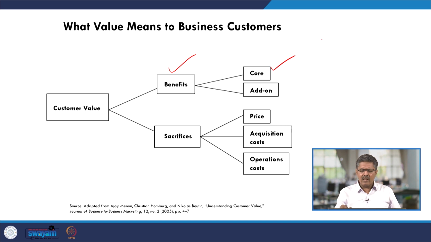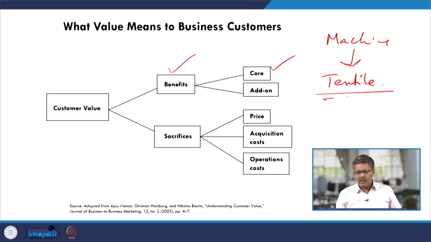Now, let us say the seller is selling a machine, right, and this machine is purchased by, let us say, a textile manufacturer. Now, how is this textile manufacturer using this product, and what kind of designs is he able to develop with the help of this machine, and that will add to his happiness.